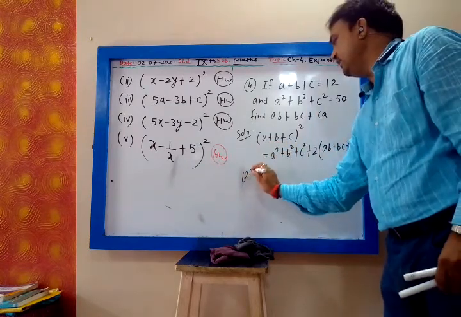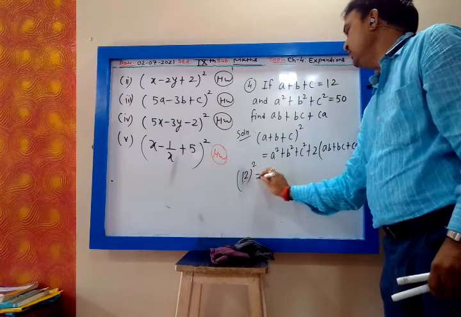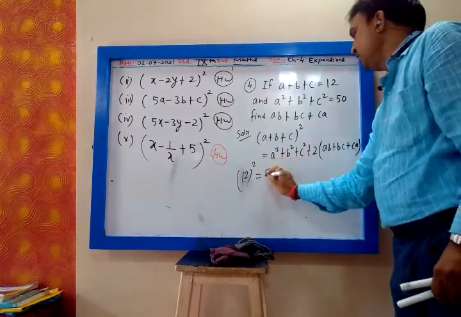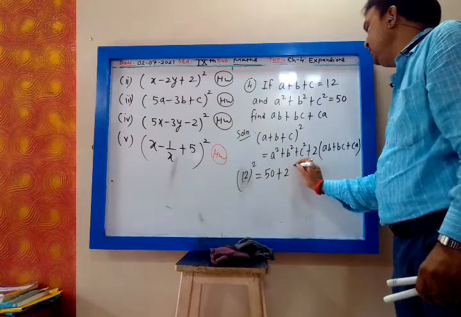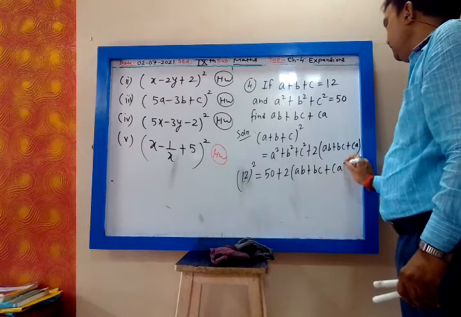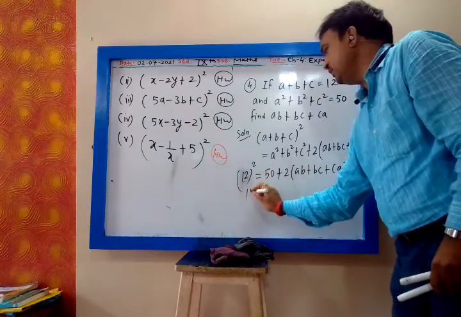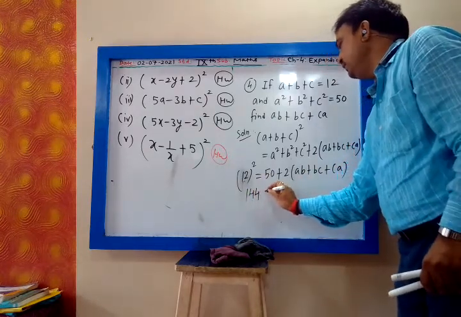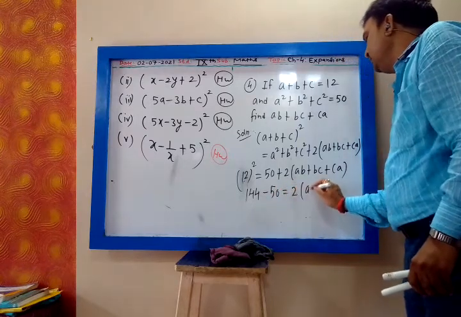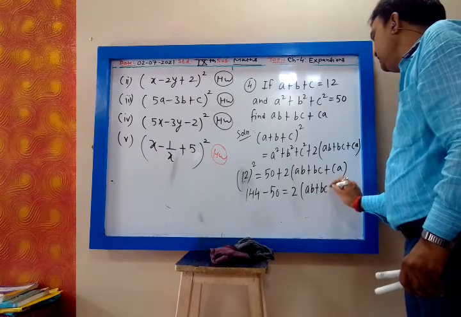So you will get 12 square is equal to a square plus b square plus c square, this 50, plus 2 times ab plus bc plus ca. This we have to find. So 12 square is 144. 144 minus 50 is equal to 2 times ab plus bc plus ca.